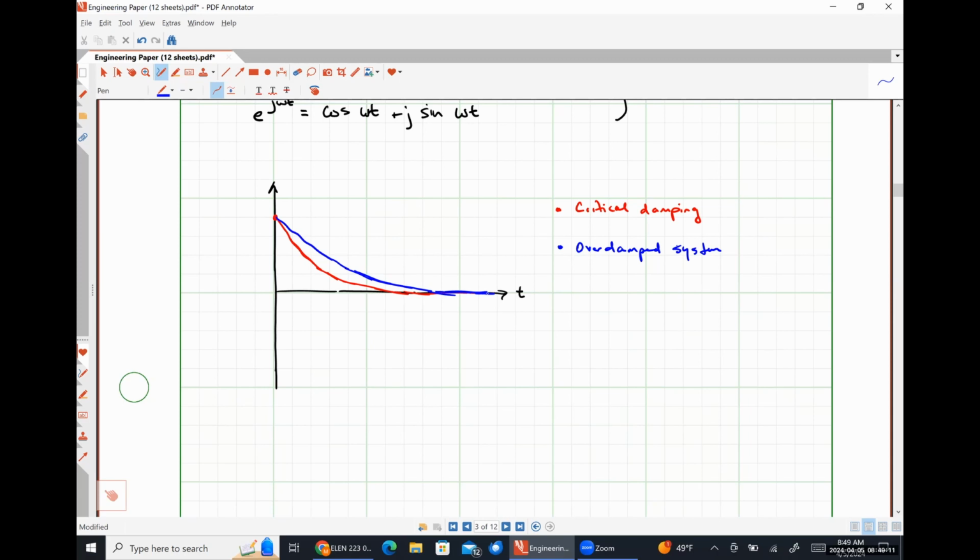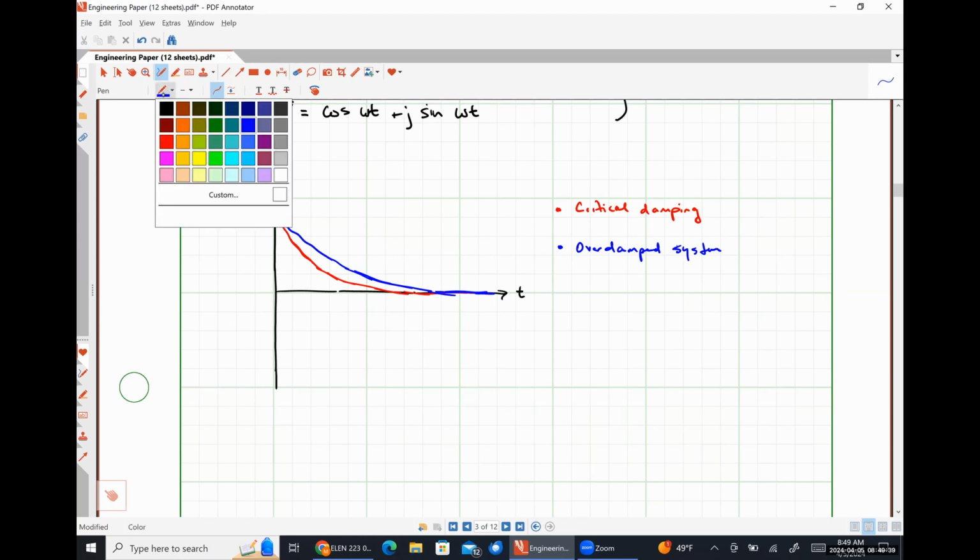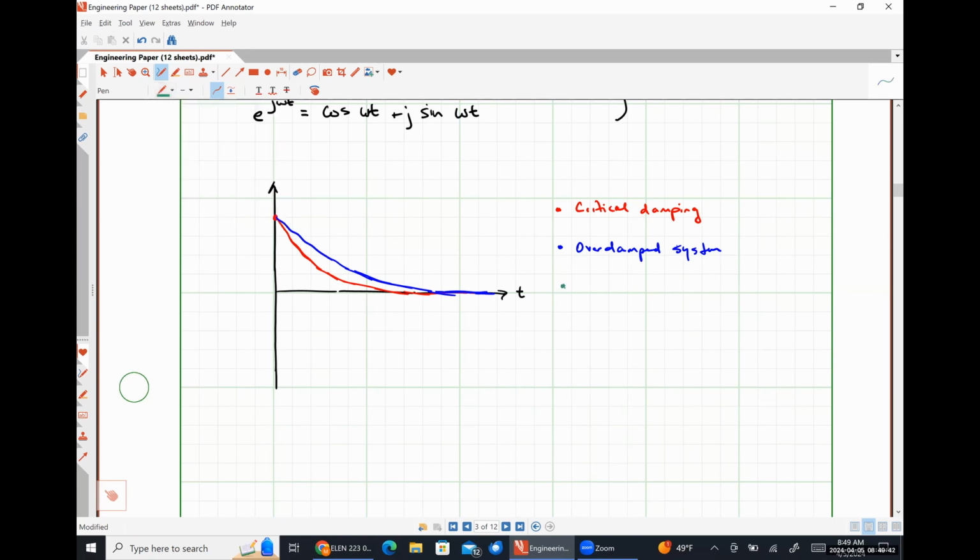So that's the difference between over damping and critical damping. So realistically, actually, we would talk about this in the opposite form. So an overdamped system takes a long time for it to decay down to its final value. A critically damped system decays to its final value as quickly as it can without overshooting the final value. And what I mean by that will be obvious when we look at an underdamped system. Okay.